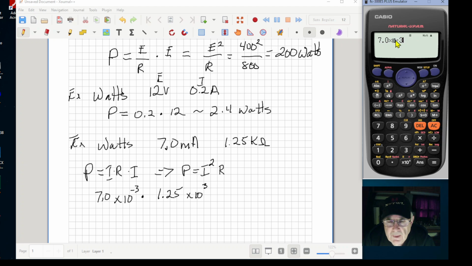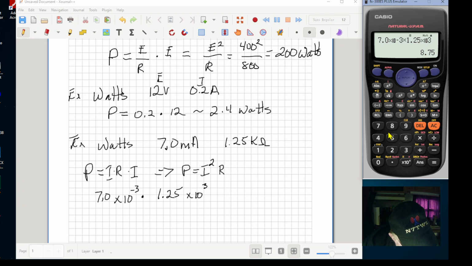Just a word of caution: use the negative key. Sometimes it's a plus-minus; on this one, it's just a minus. Try not to use the subtraction when you're making a negative number. This is multiplied by 1.25 times 10 to the positive 3. So our exponent should probably cancel out. Let's see what we get here, and we get 8.75 watts.